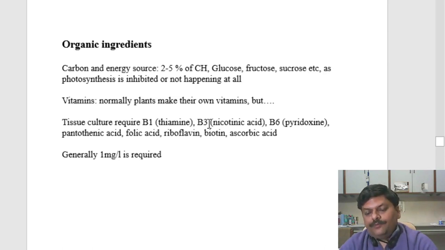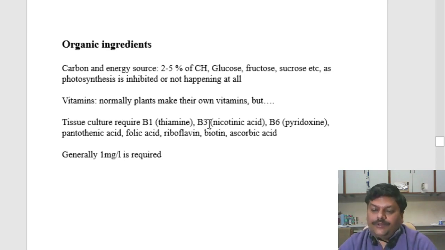Like humans, plants also need vitamins. Since in tissue culture they will not be doing photosynthesis and are not producing their own vitamins, initially we need to provide vitamins in the growth media.